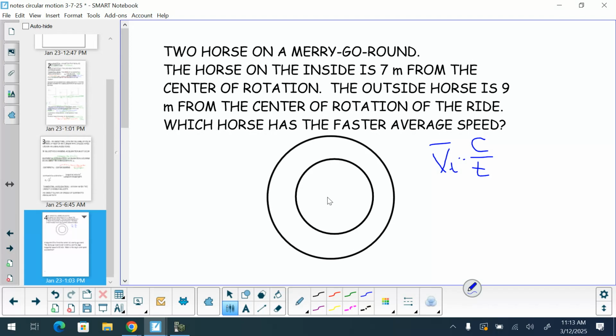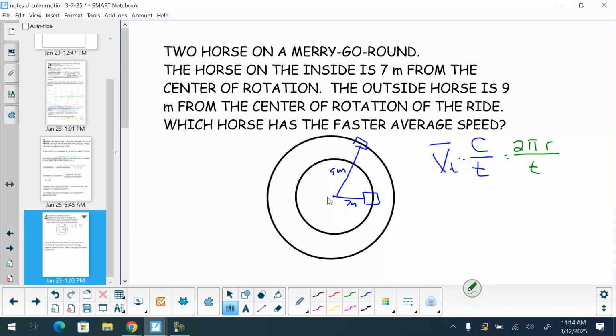One horse is 9 meters from the center, and a second horse is only 7 meters from the center. So if we take a look at the average tangential velocity, we have 2 pi r divided by time.